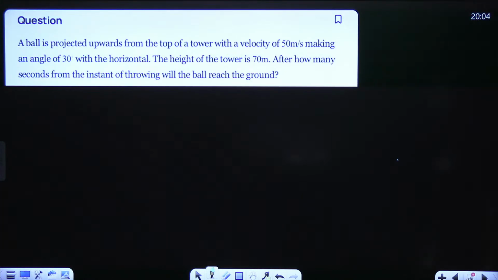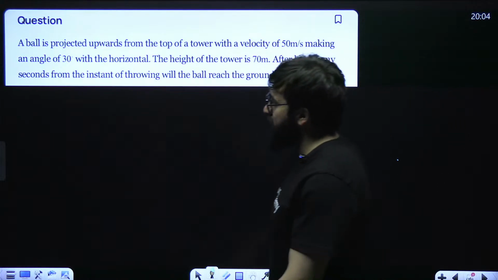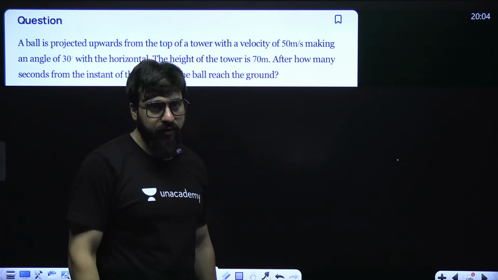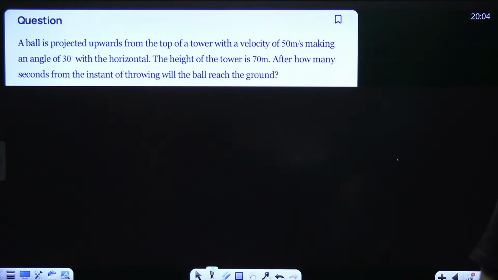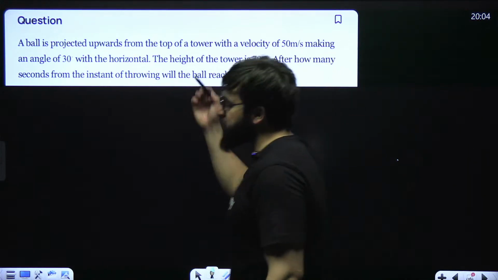And last one, yes, this is a good question over here. Now guys, I'll give you the idea of this question. I would want you guys to focus over here. See. A ball is projected upwards from the top of a tower.